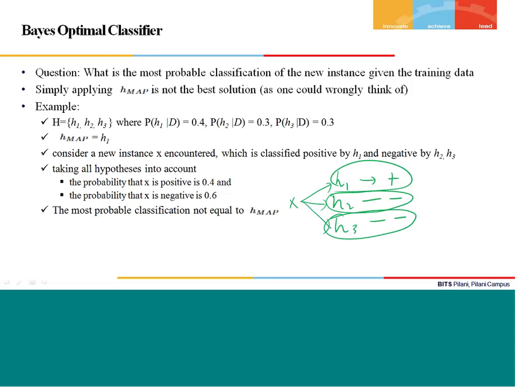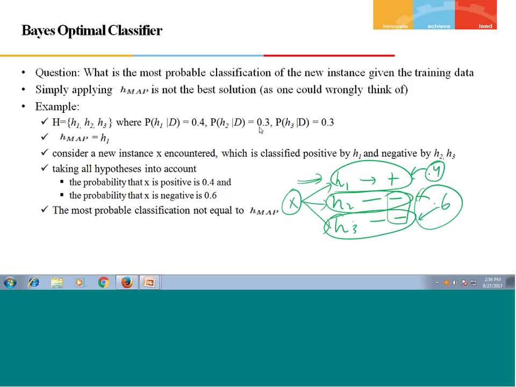Now I can calculate the weight, because H1 has 0.4 probability. So 40% of the hypotheses are saying this is a positive sample, and 60% are saying it is negative. Because of the majority, for this X I will give my negative label, because the majority of the hypotheses are saying this sample is negative.